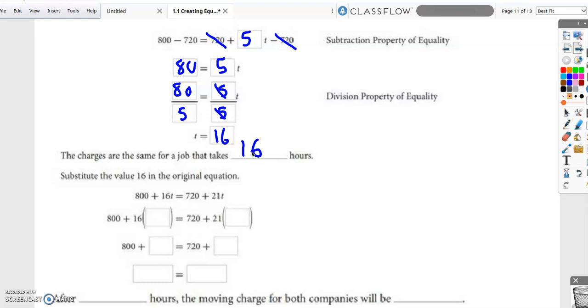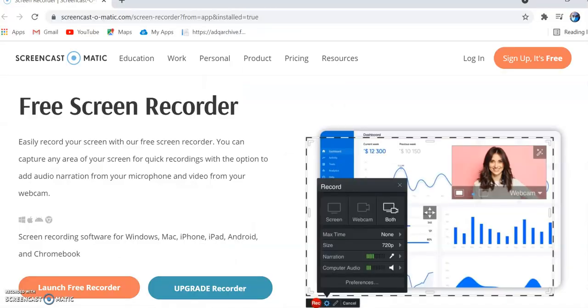So we substitute the 16 back into our problem. Sixteen times 16 is 256. 720 plus 21 times 16, I don't know.